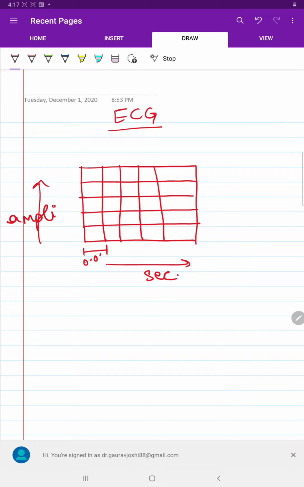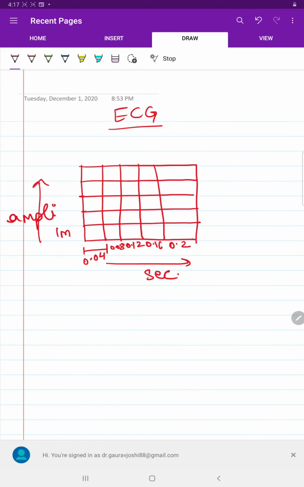We must remember the time duration. If we do not know the time duration, we cannot say whether the tracing in the ECG is normal or abnormal. We must appreciate this large square.